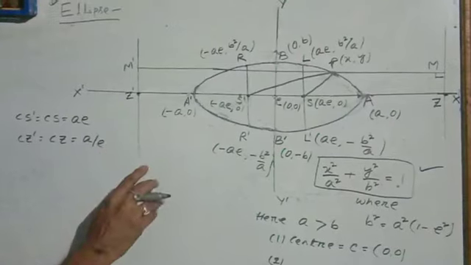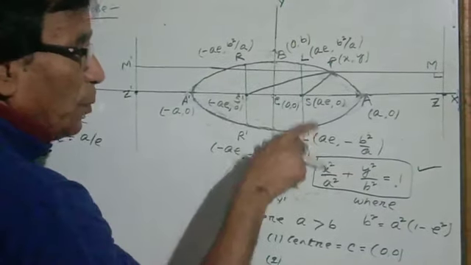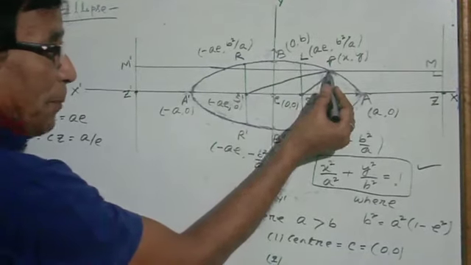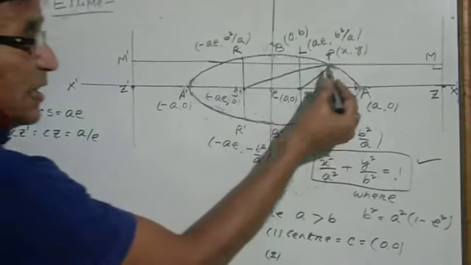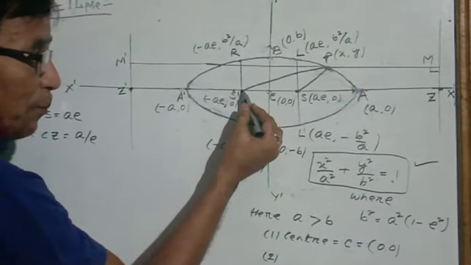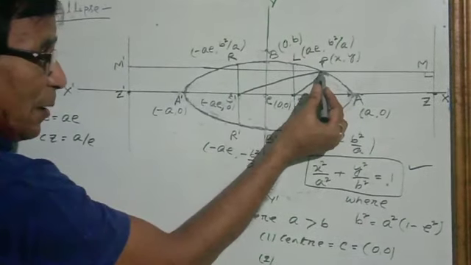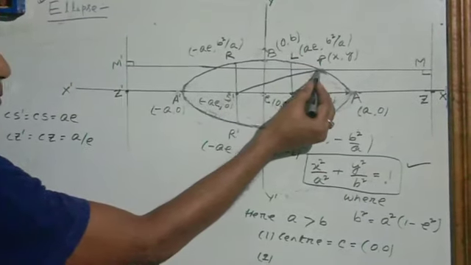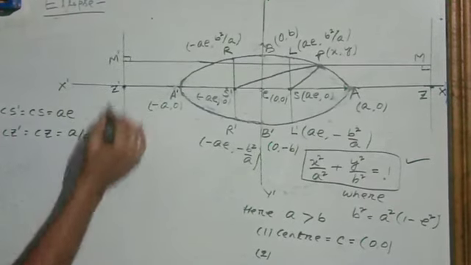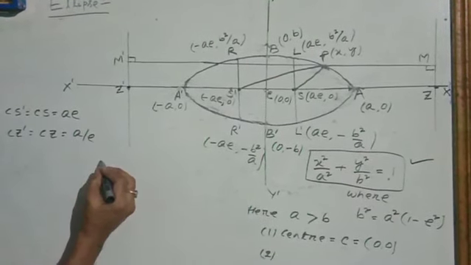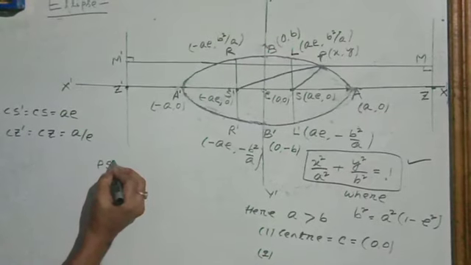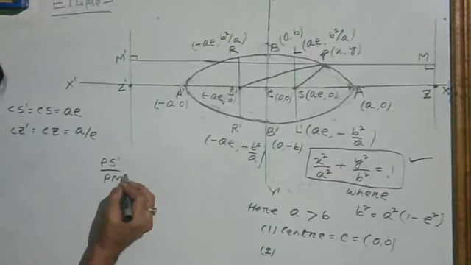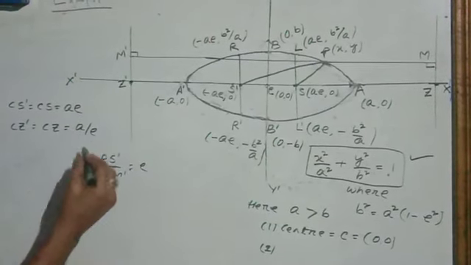Now here you see that the proof will be complete if we can show that PS dash by PM dash, that means distance of the moving point P to the point S dash divided by PM dash, where PM dash is the perpendicular distance of the point P upon this line, is equal to E. This is our target.